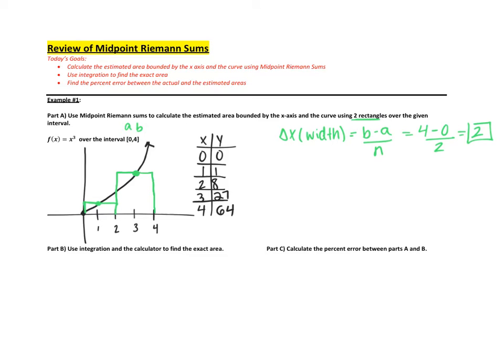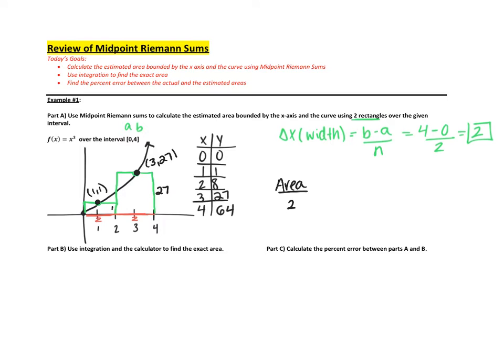So again, if we want to calculate the area, this width is still 2. This width here is still 2. We have to find our heights. So here, this point right here is 3, 27. And this point right here is 1, 1. So my height over here is 27, and my height over here is 1. So to find the area, we're going to do the base times the height.